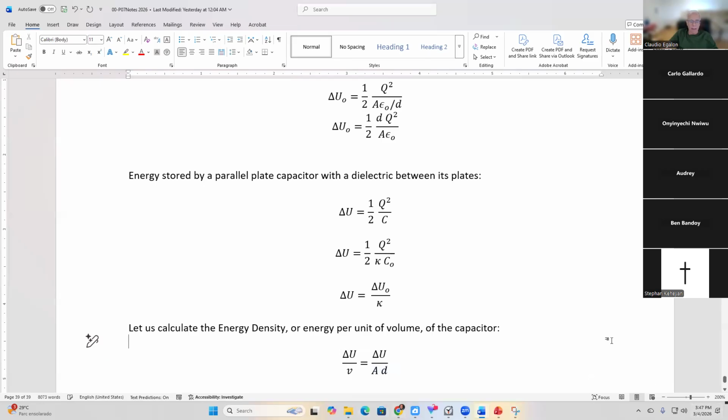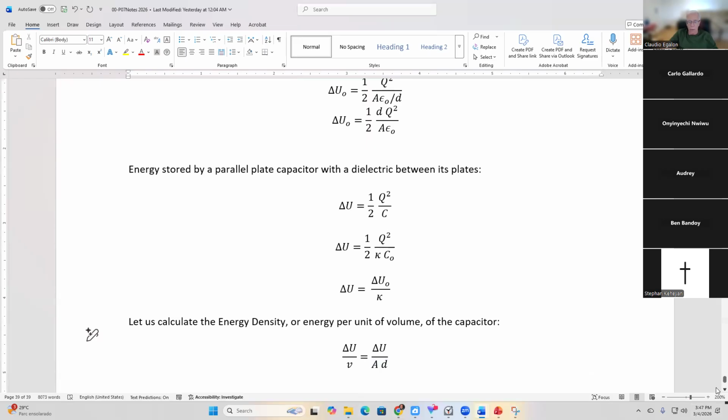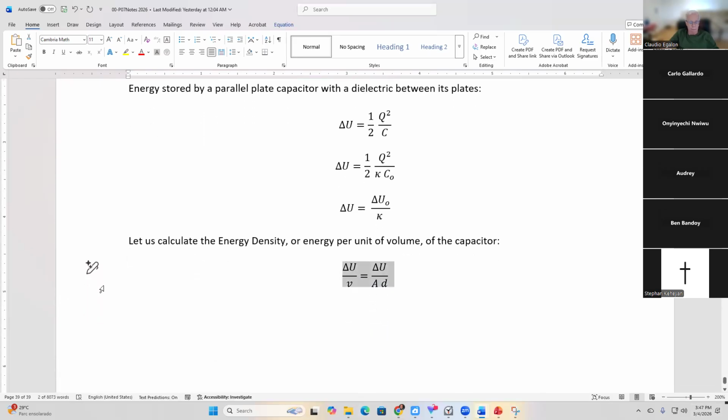Okay, it's going to be, let's see here, delta U is going to be delta U naught over kappa. Delta U naught we calculated before. Let's bring kappa to the bottom.